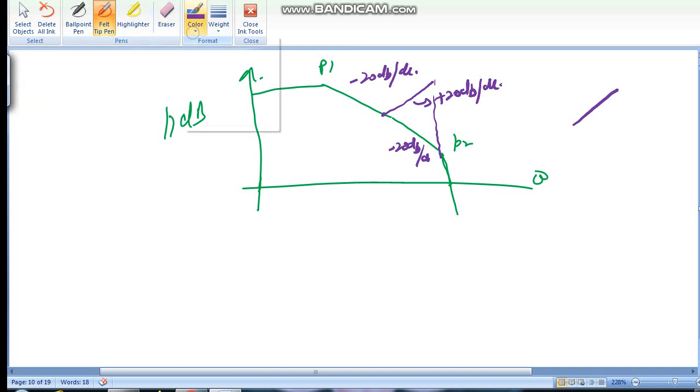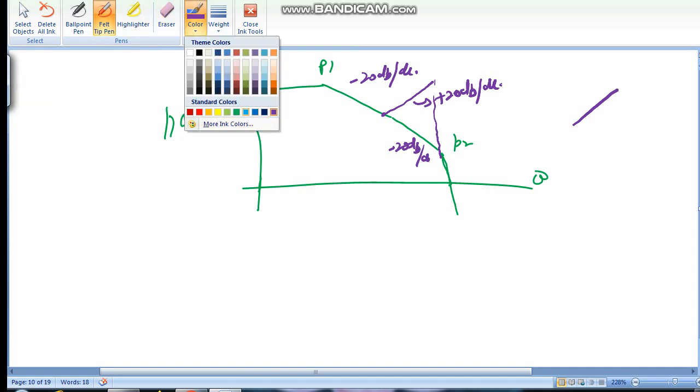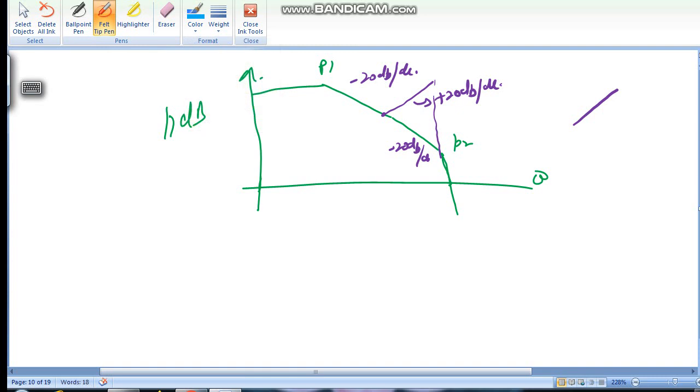So in this case your Bode plot is modified to 0 dB slope, because this is minus 20 dB per decade roll off and this is plus 20 dB per decade. It should be flat when you add both, and at this point it will again go down when your second pole P2 comes, with minus 20 dB per decade.